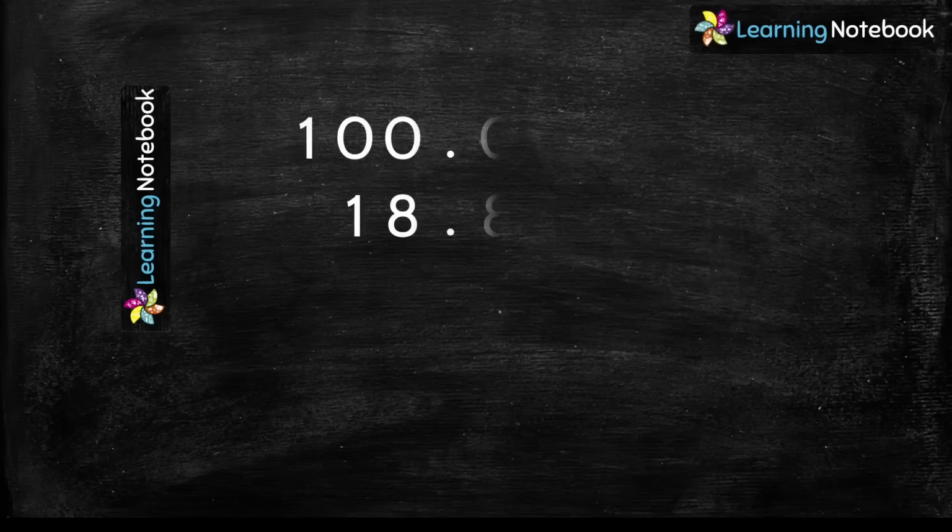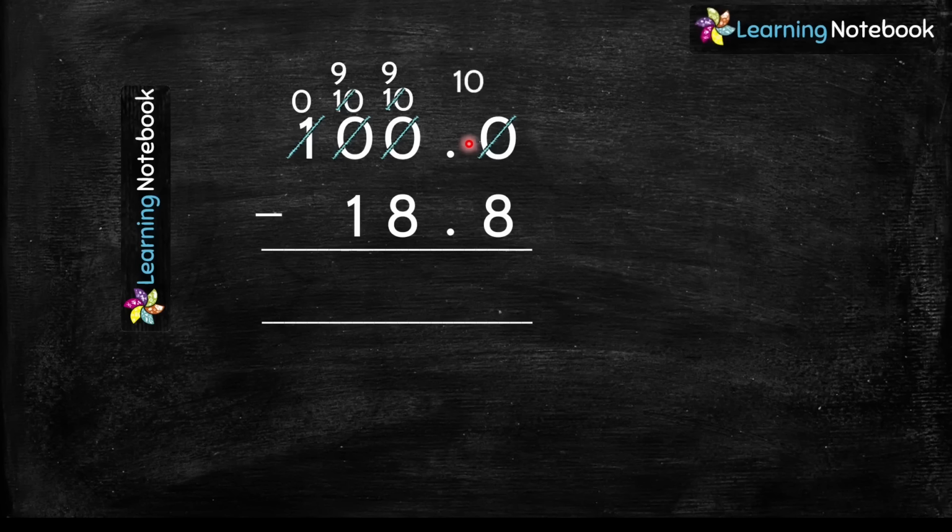First let's subtract the decimal part. But 0 is smaller than 8. So 0 borrows from 1. So 1 becomes 0 and we keep on borrowing, and finally 0 becomes 10.